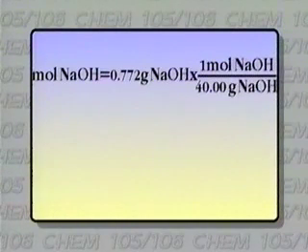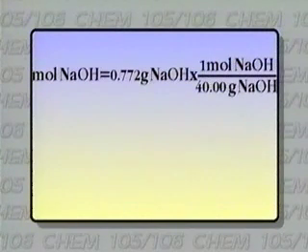If we add it up, we have 22.99, 16, and 1.01. So let's see, we have 23, 24, and 16. So we have 40.00 grams for the molar mass of sodium hydroxide.